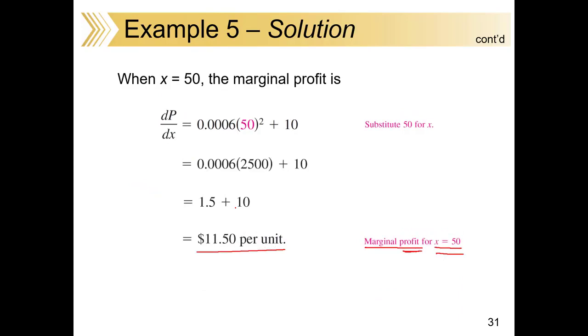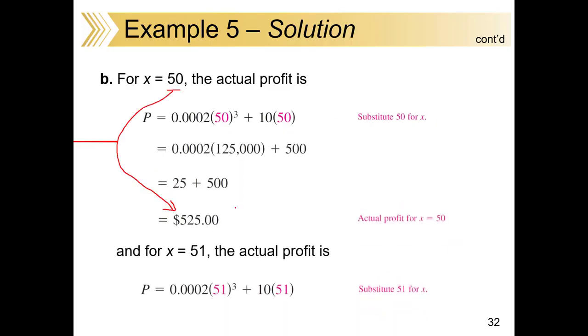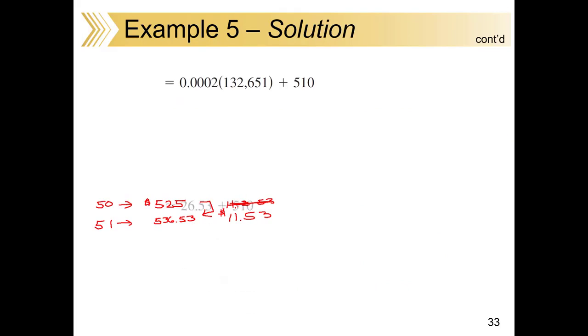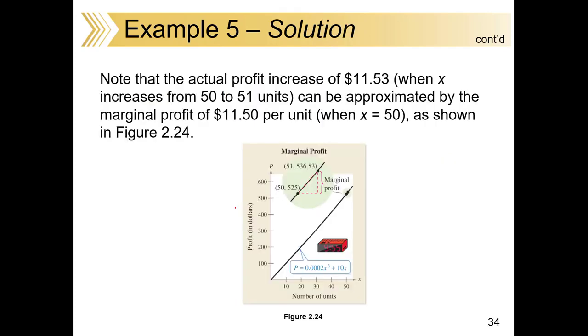Not exactly the same. Now the $11.50 is our result by using calculus. So there is a little bit of a difference between the two, but not much. That's the actual extra profit for one unit, $11.53.